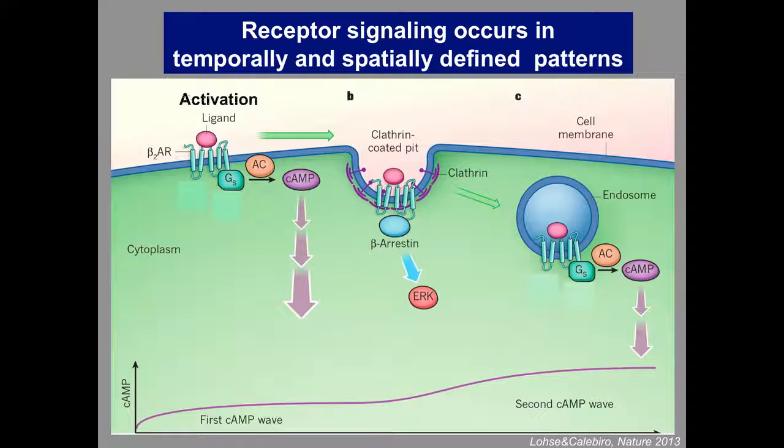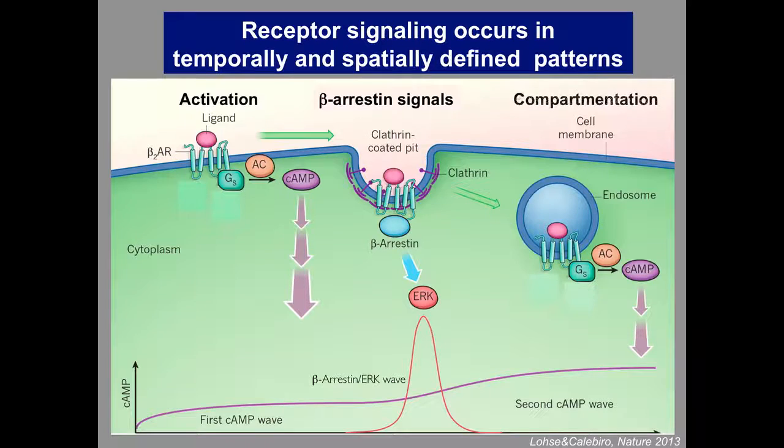In the second step, the receptors are then internalized and they produce another signal that is spatially distinct. So it occurs in these clathrin-coated pits or vesicles in the center, and it's biochemically different. In this case, it results not in activation of cyclic AMP, but in activation of ERK kinases, so protein phosphorylation signal.